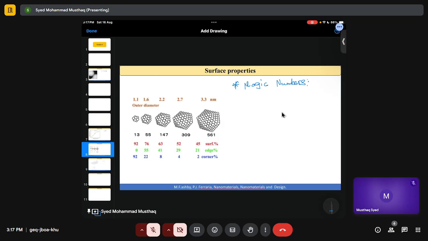If people have studied physical metallurgy or any course which involves crystal structure formation, how crystal planes or any crystal structure or any material nucleate.